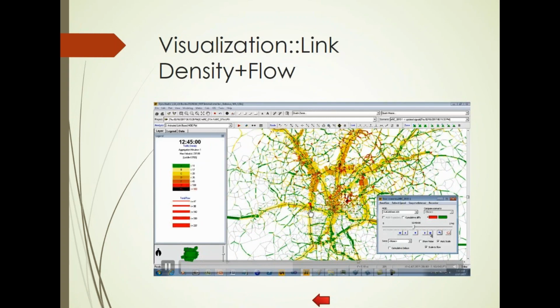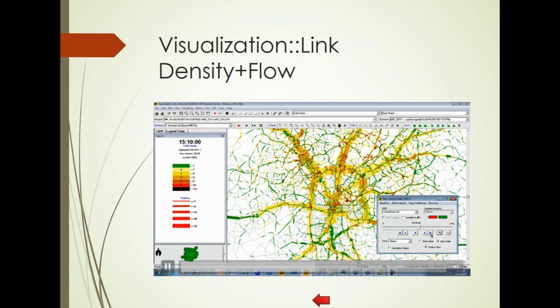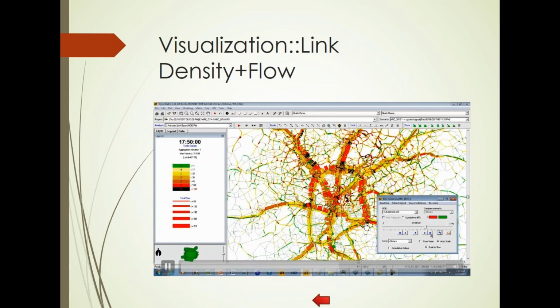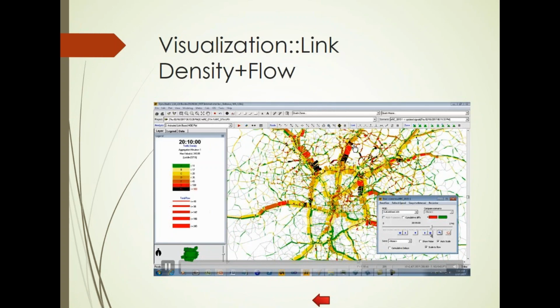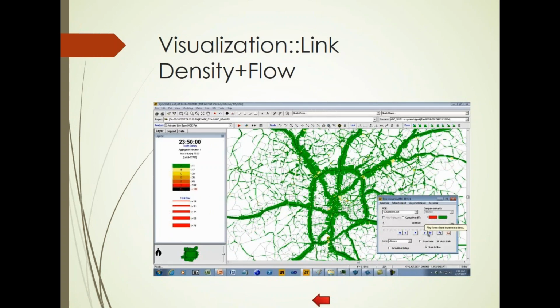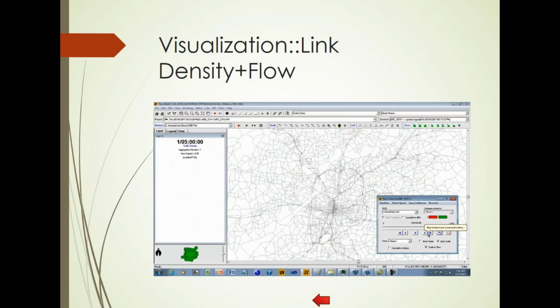Some places have fairly high volume but still smooth flowing. That means you have enough capacity to carry high volume. But in the afternoon, you can see some places display very severe congestion with fairly high volumes. So it allows you to not only identify the choke points but also understand the interaction between volume and density, which is typically the level of service.